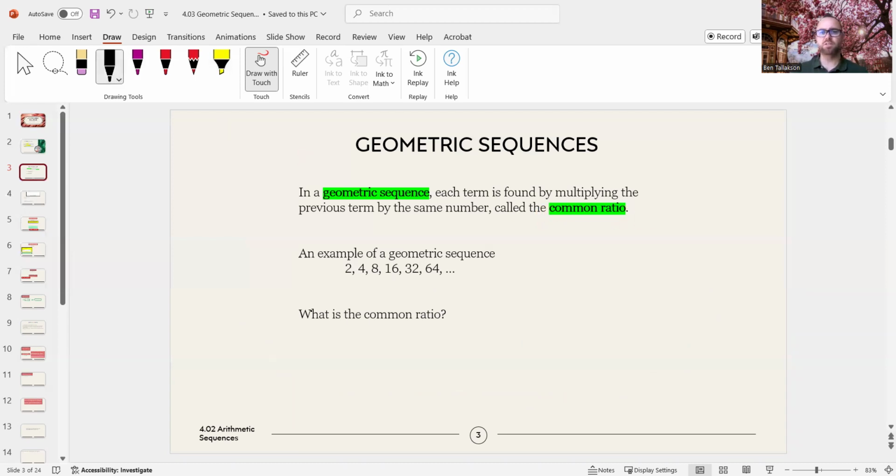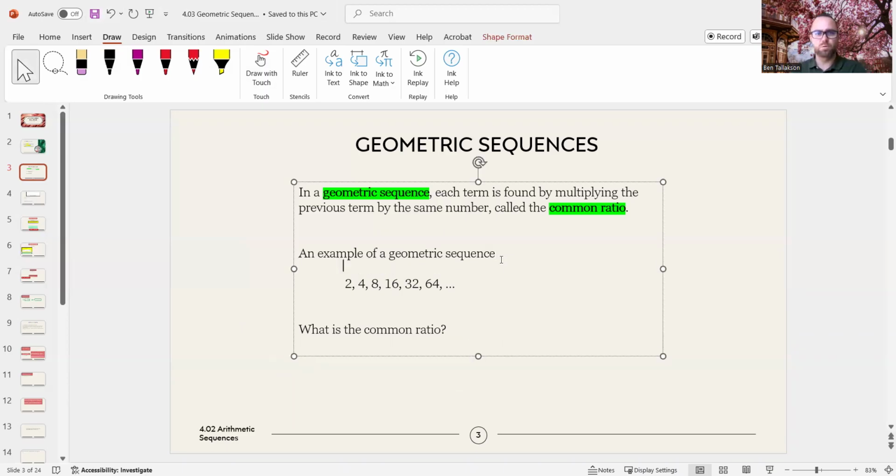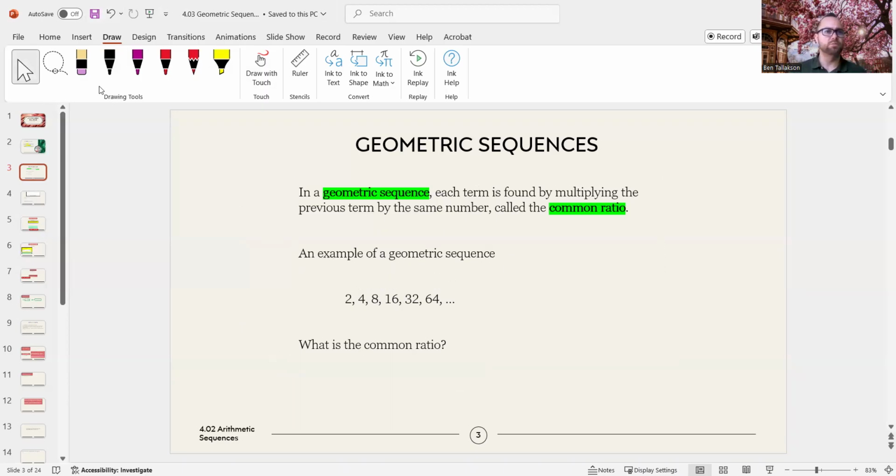Okay, so let's take a look at this geometric sequence. When we go from one value to the next, what's happening every time? I'm actually going to separate this just to make it more clear than ever. So when we go from 2 to 4, we multiply times 2. Do we do that every time?